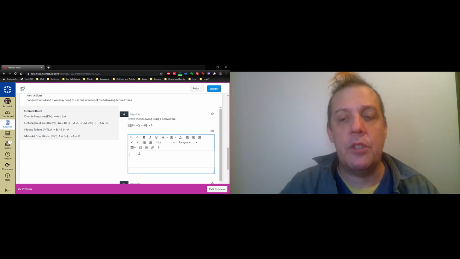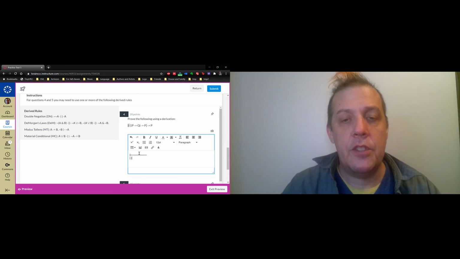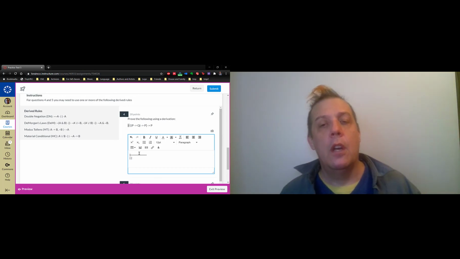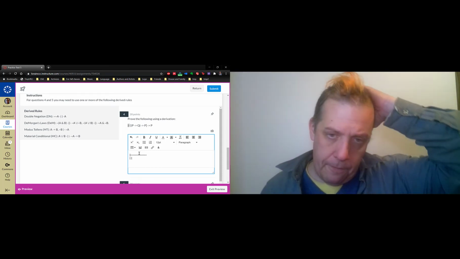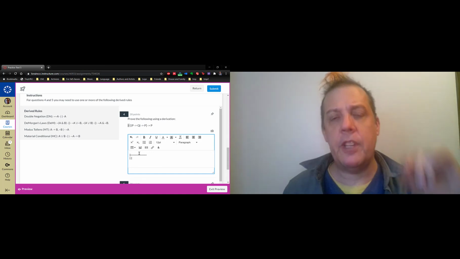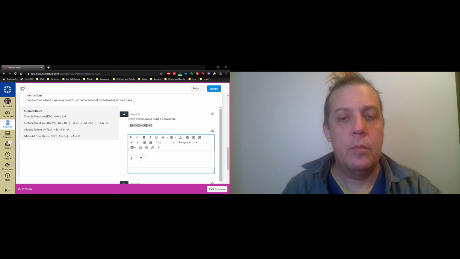So that means that we start out with our Fitch bar, and nothing above it. And then we need to have a subproof immediately. Well, in this case, the thing we're trying to prove is a conditional. So we're going to do a conditional proof. And this is line 1.